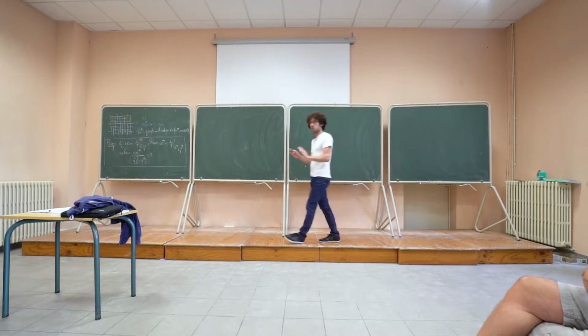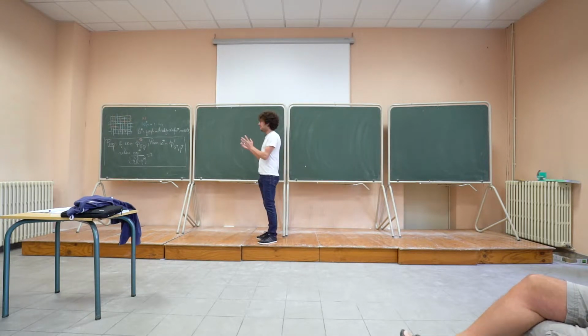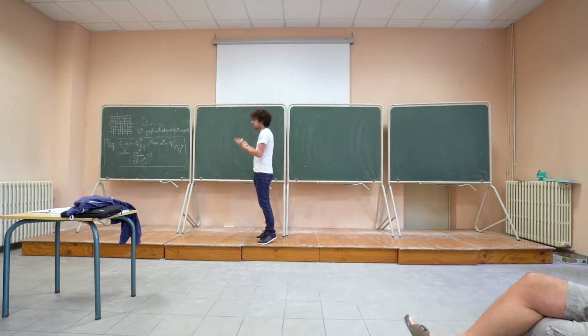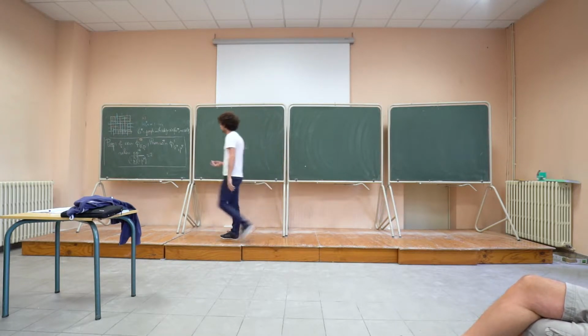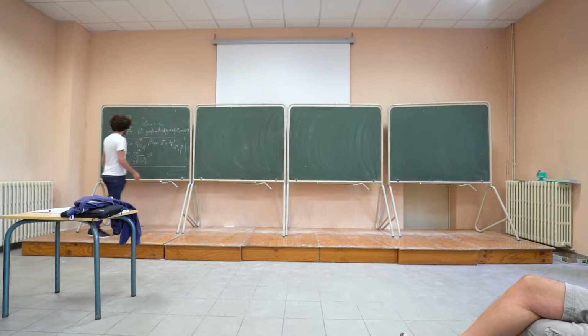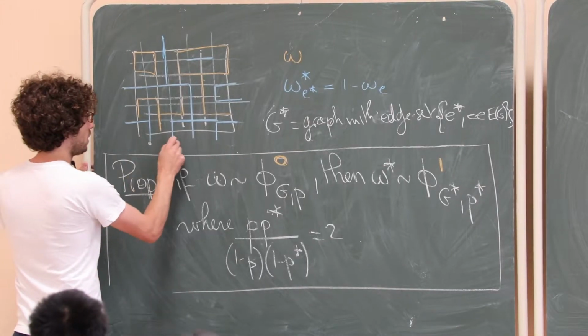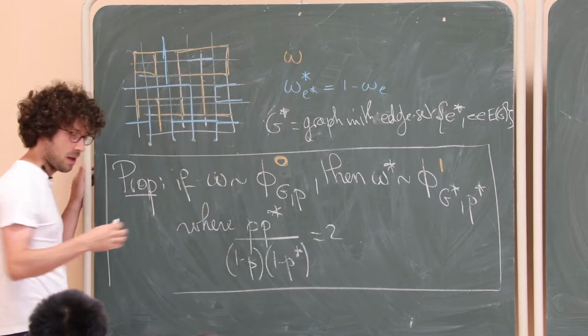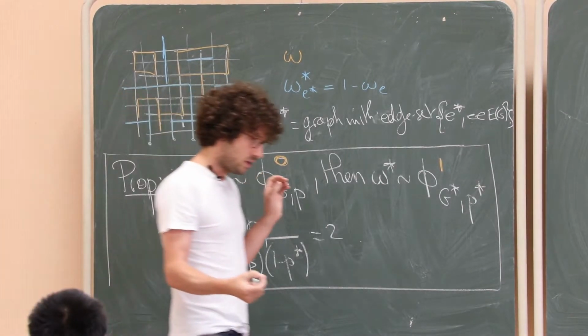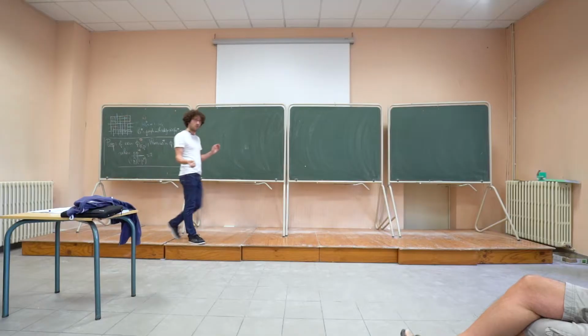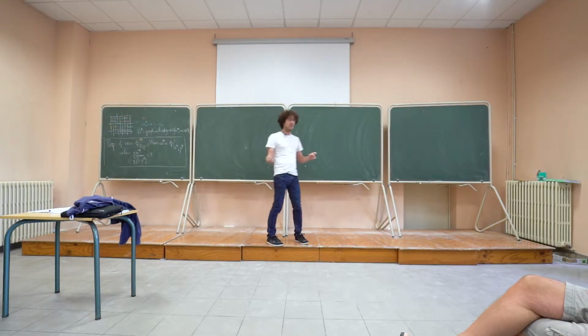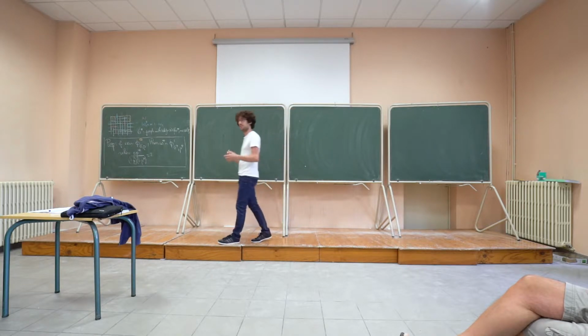I just want to be careful because it's not a standard definition, in some sense, of a dual graph. Usually a dual graph is defined by putting a vertex in the middle of every face of your graph, and then edges between vertices corresponding to adjacent faces.